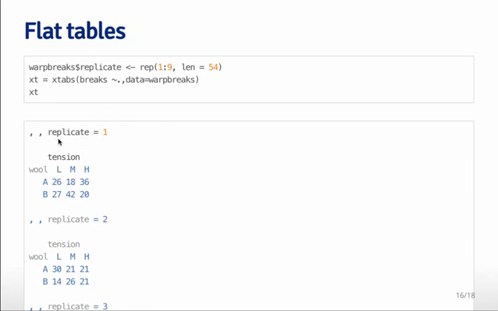So when I do that, there are 3 different variables I can break it down by: replicate, tension, and wool. And so to create a table like this, I actually have to create multiple 2-dimensional tables. This is a little bit hard to see because there'll be a long list of output.